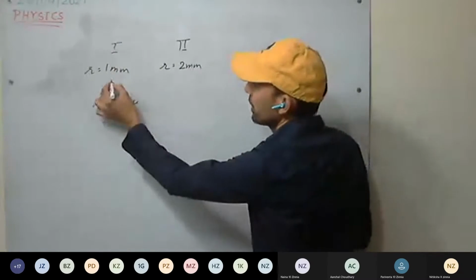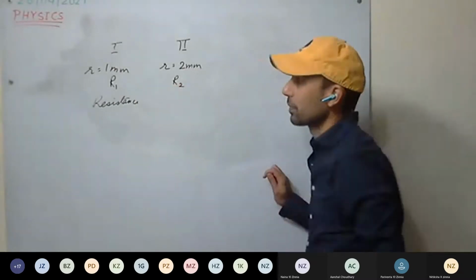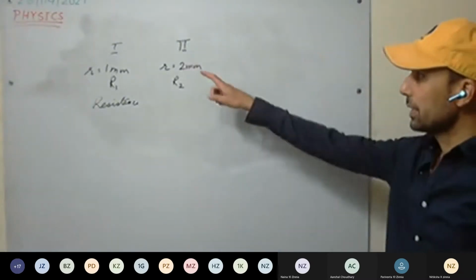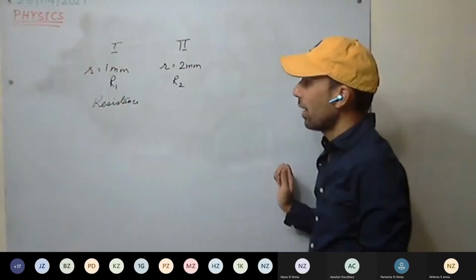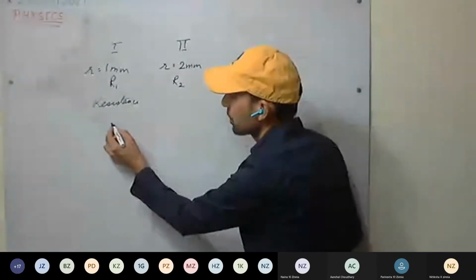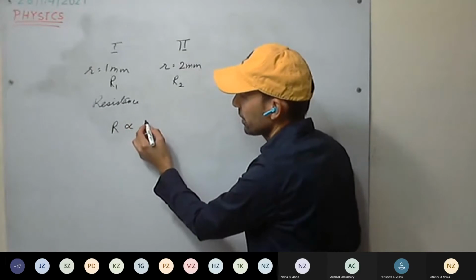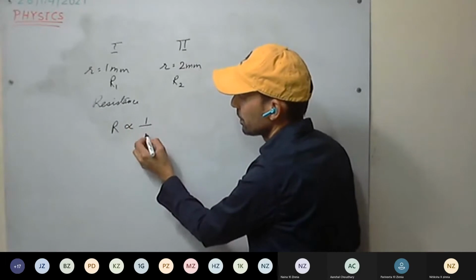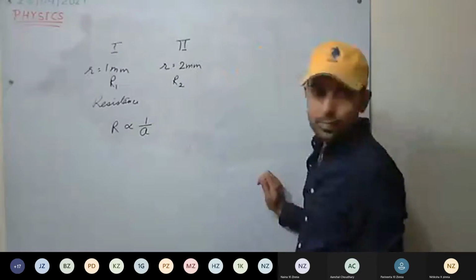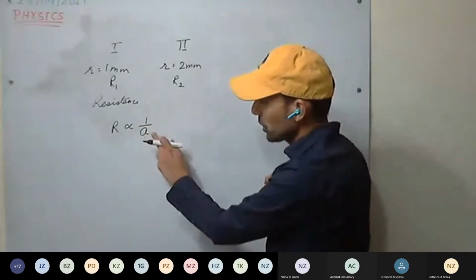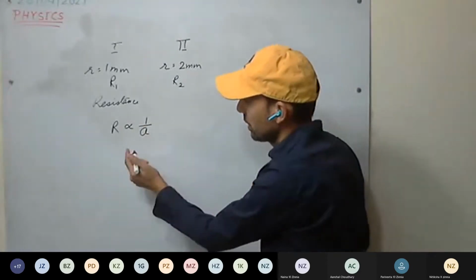So here we have R1, here we have R2. Their radius is given. How can we calculate? Is resistance proportional or inversely proportional to radius? Resistance is inversely proportional to area of cross section.